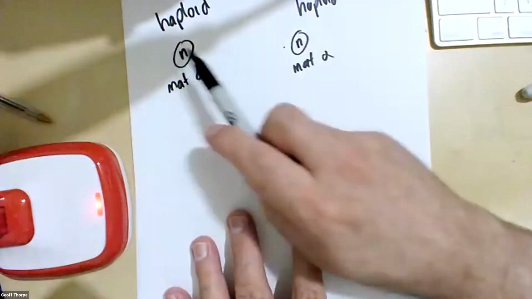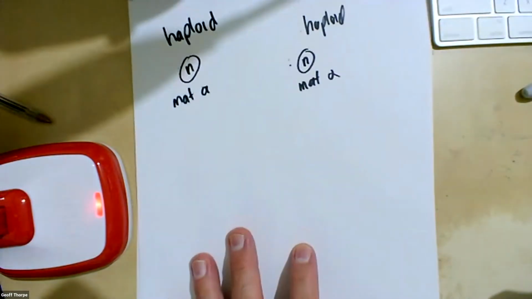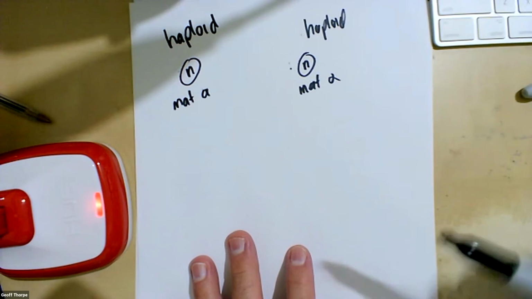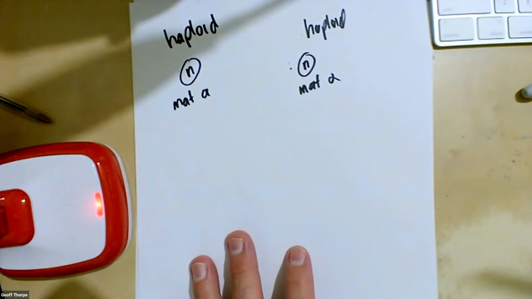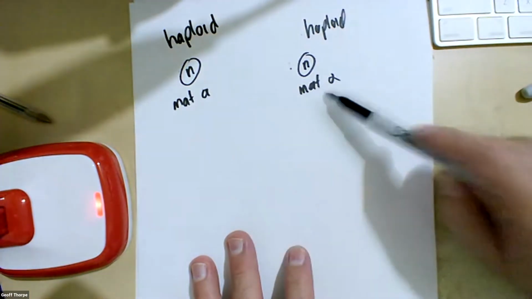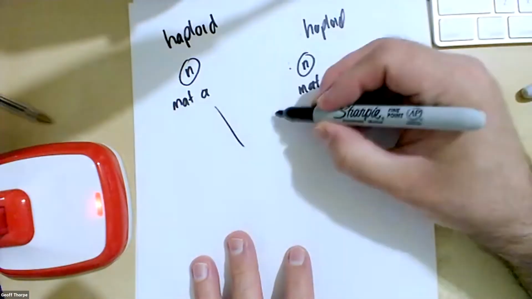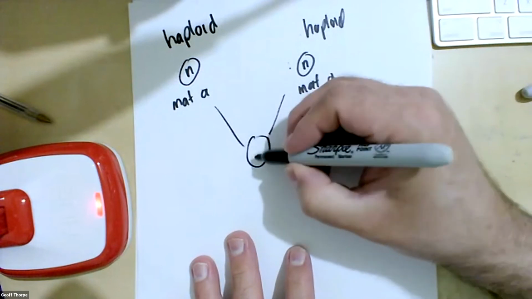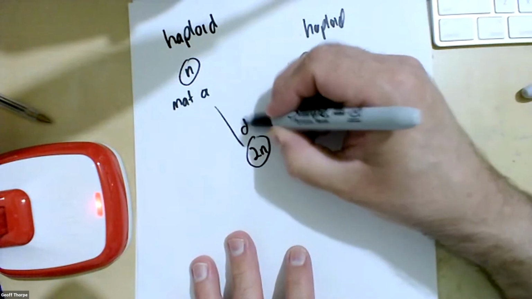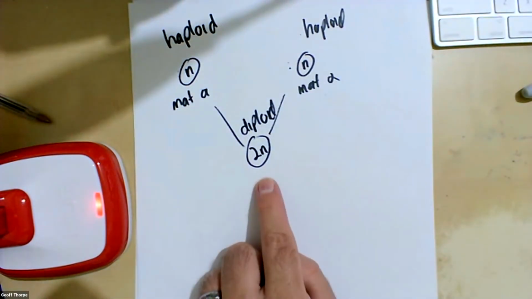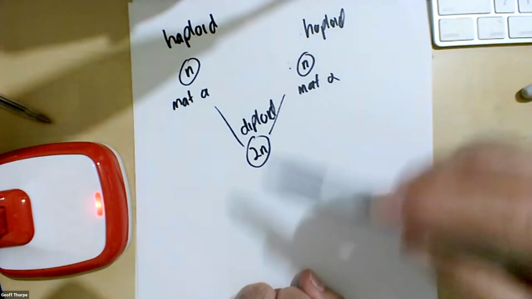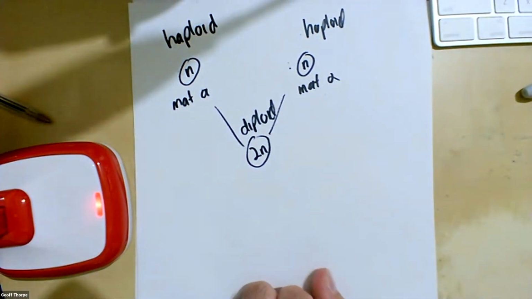Now, they on their own can reproduce asexually via budding. So they can just keep budding and everything will be fine. But if we have the two opposite mating types come together, they can form a diploid structure. They can form a diploid yeast. And again, if conditions are good, it can still keep reproducing by budding as well.